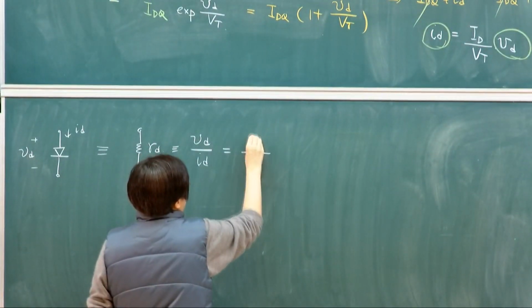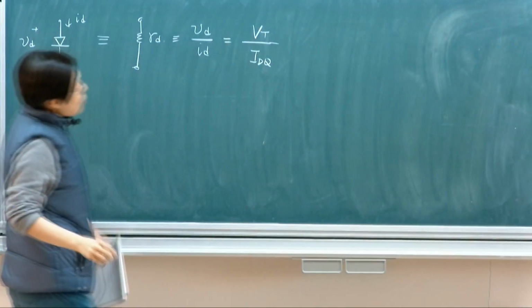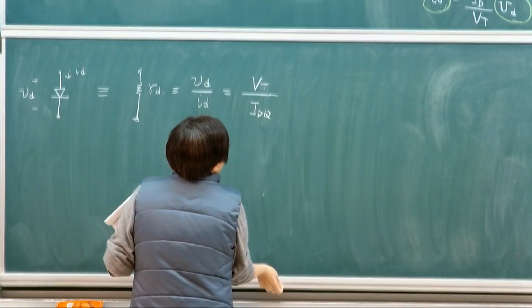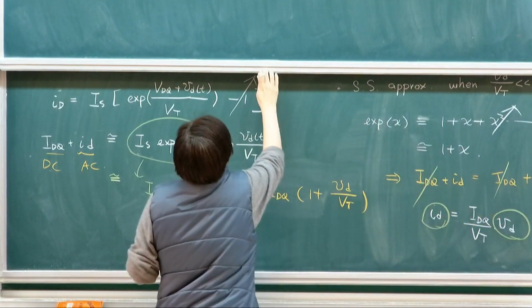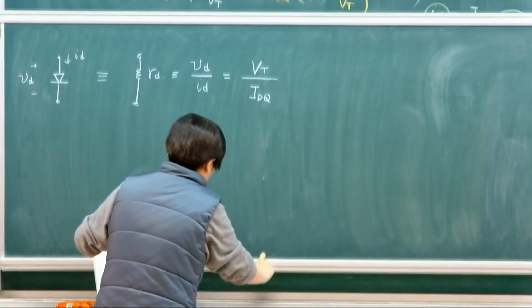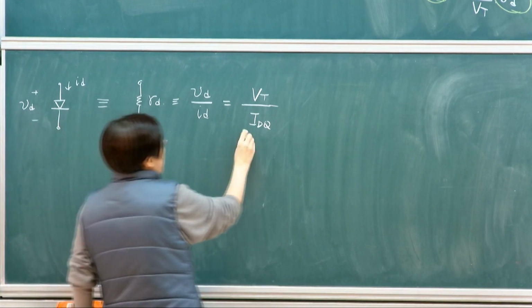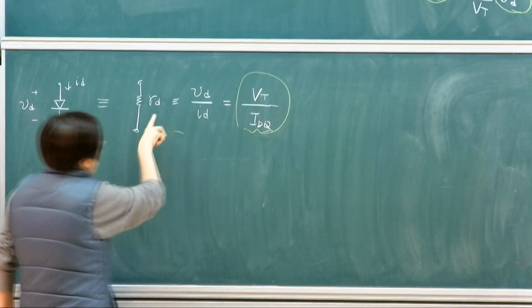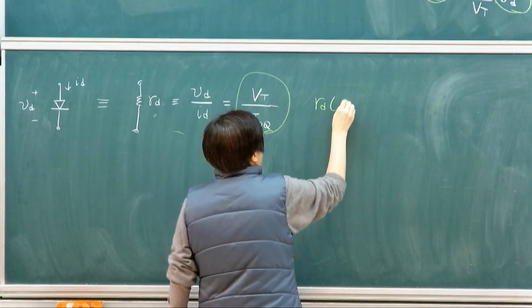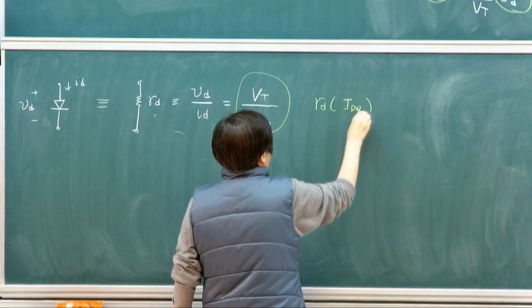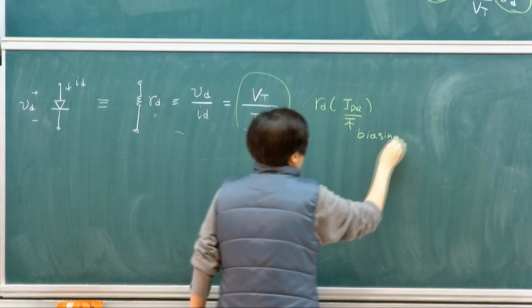Based on that equation, it will be VT divided by IDQ. I missed a Q. So what does this imply? It implies that once I set my operating point, my RD will be fixed. RD will simply be a function of where you stand. This is called the biasing current.